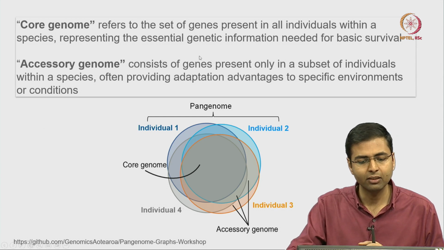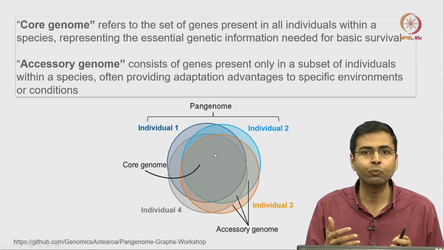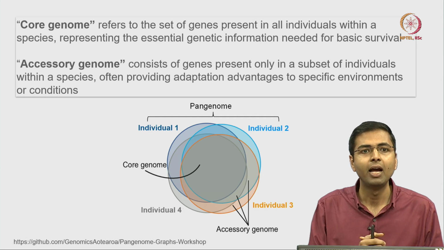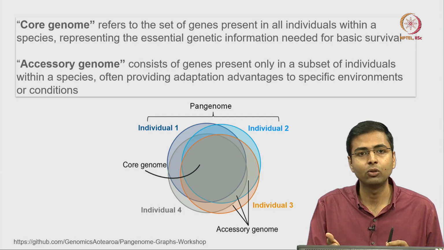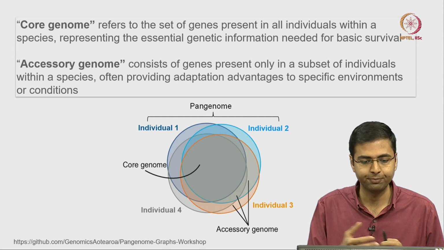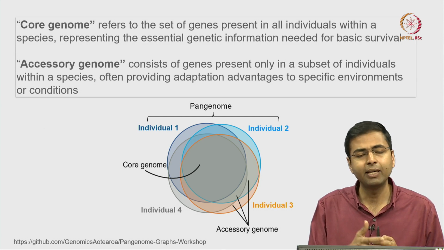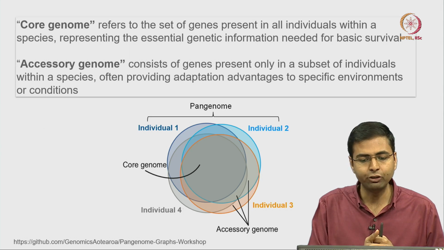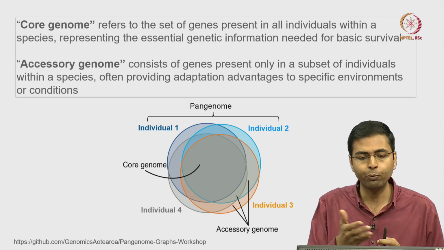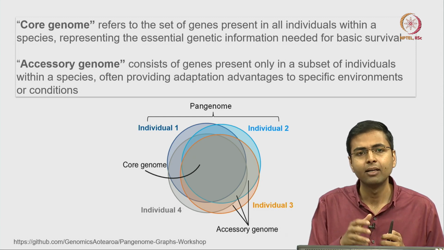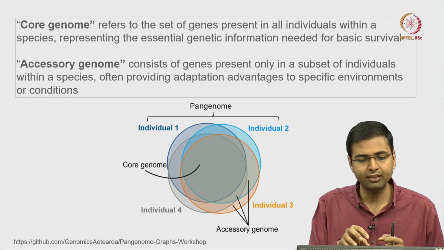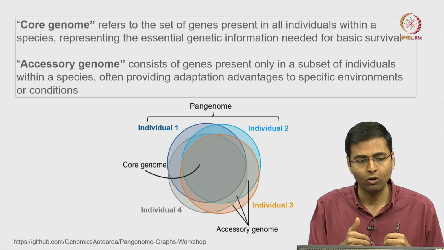In other words, the core genes would be housekeeping genes which are needed for survival, and the accessory genes would give certain advantages to specific individuals. This is the simplest analysis that one can do with a pangenome, and it is more popularly used for microbial, bacterial and viral genomes, where we want to understand the set of genes differently based on whether they are core or accessory.